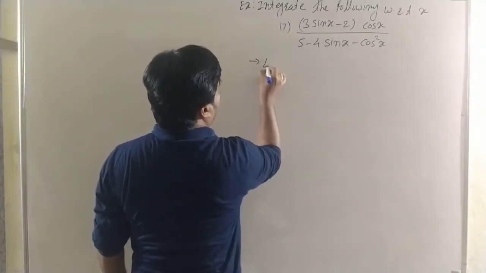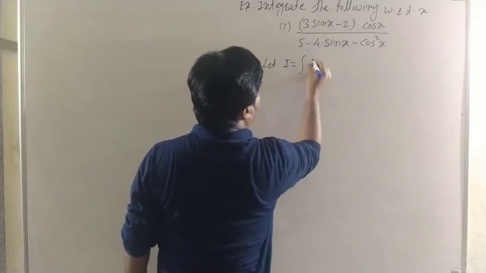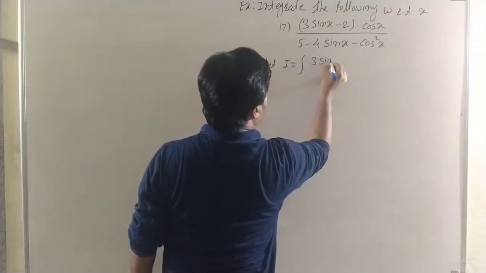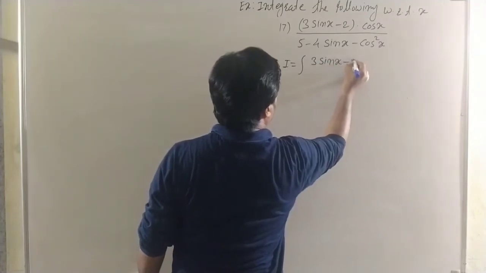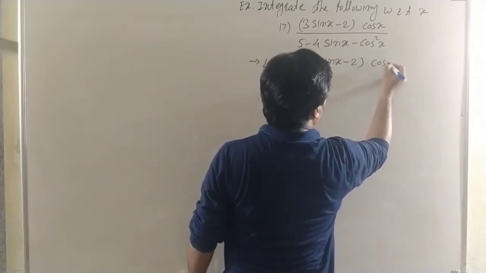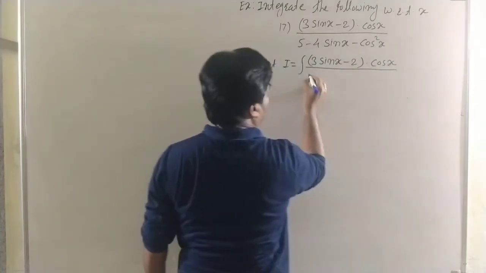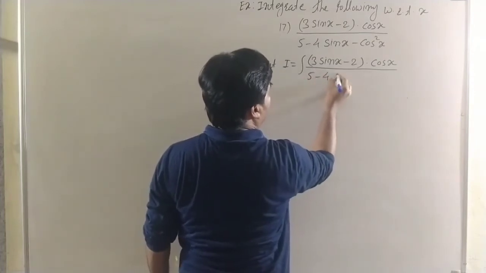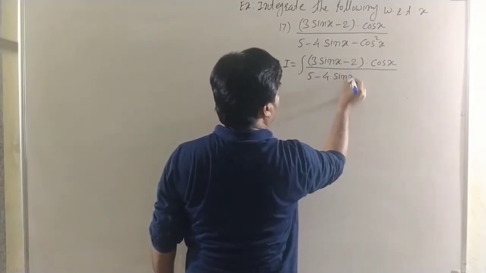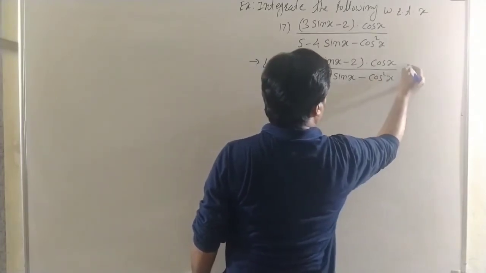Here let the integral be equal to the integral of (3 sin x minus 2) cos x upon 5 minus 4 sin x minus cos square x dx.